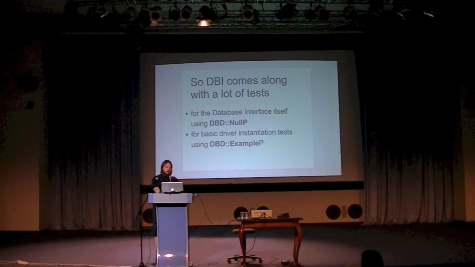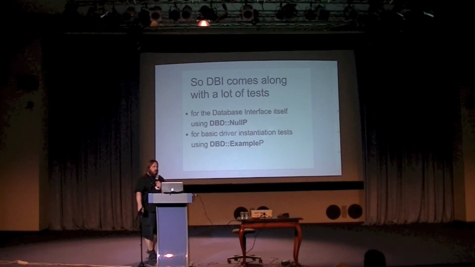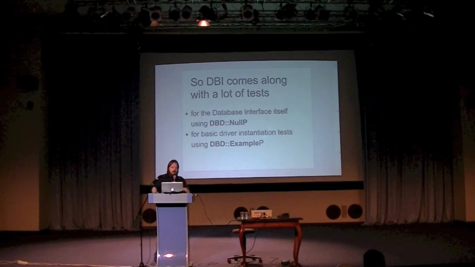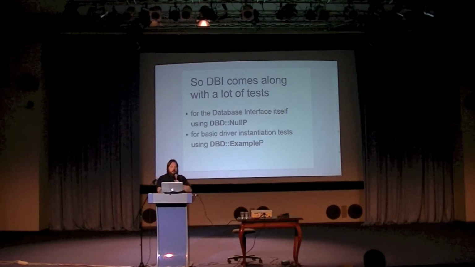DBI itself comes with around, I would say, 60 tests, which are duplicated for Gopher, for Nano, for Pure, and so on. It tests itself with a null DBD.